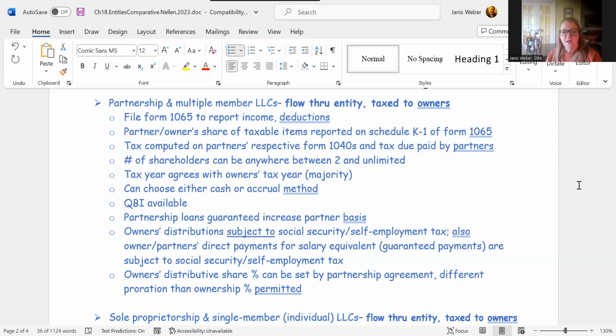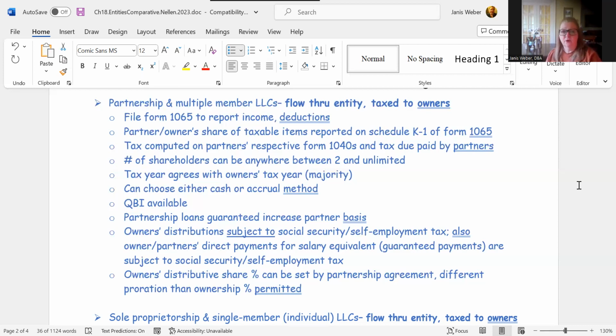The tax year agrees with the owners' tax year, the majority, and that obviously makes sense because these are individuals that are the owners. They can choose the cash or the accrual method, assuming that they don't have inventory. If you have inventory, you're normally going to go with the accrual method, or at least for the inventory, you go with the accrual method.